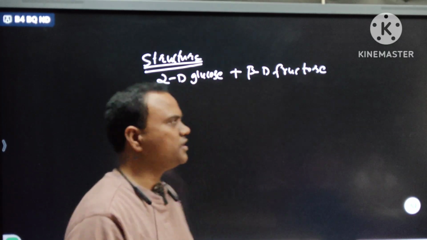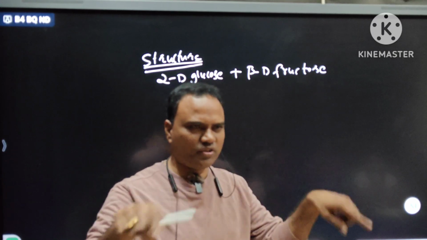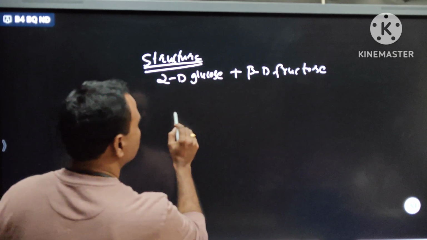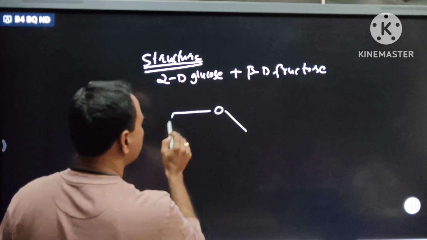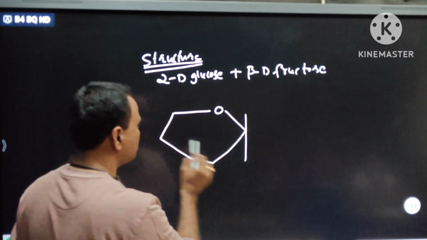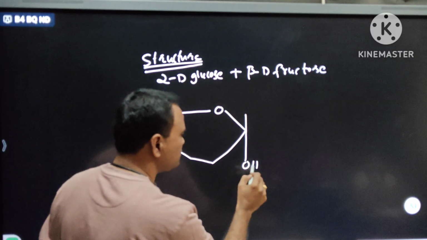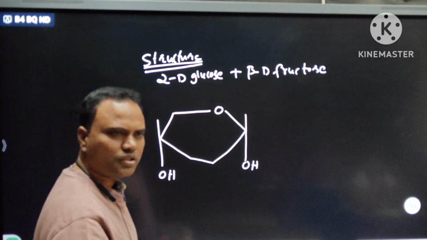And the link also. First of all, write alpha D glucose. You know how to write alpha D glucose? I said one shortcut. First draw a six-membered ring. Tell me what we have to write. Alpha: OH down, OH down. In the middle, opposite.